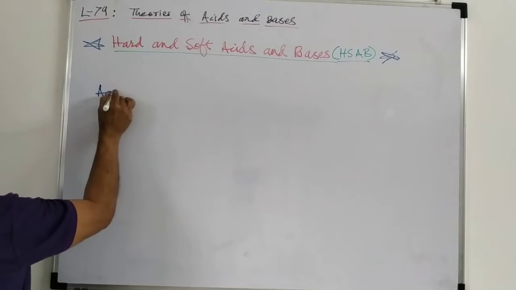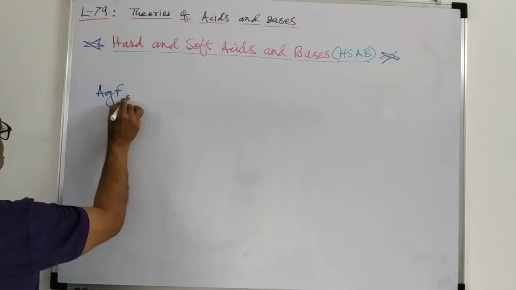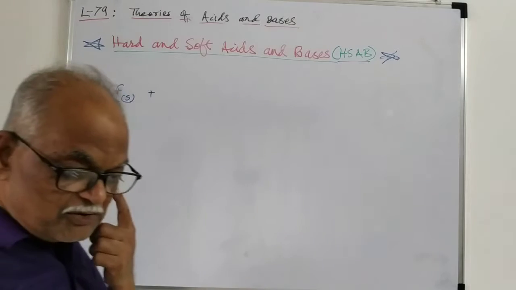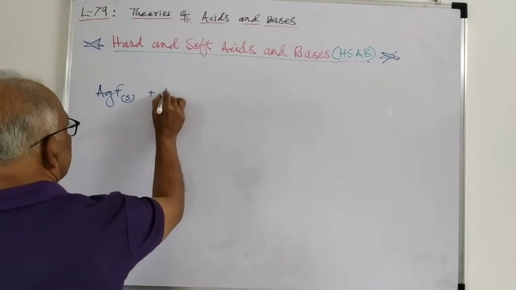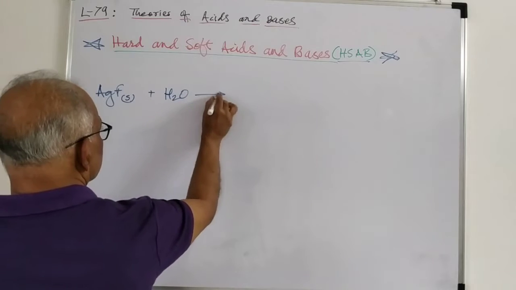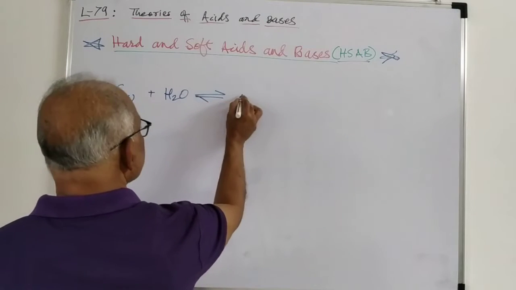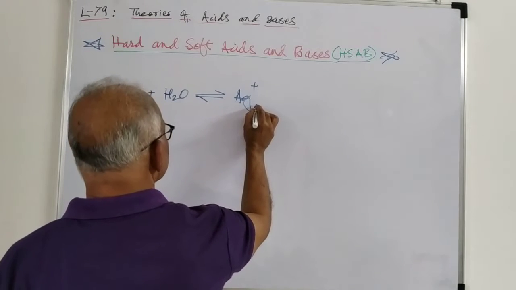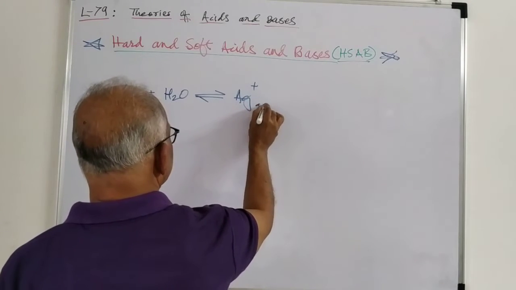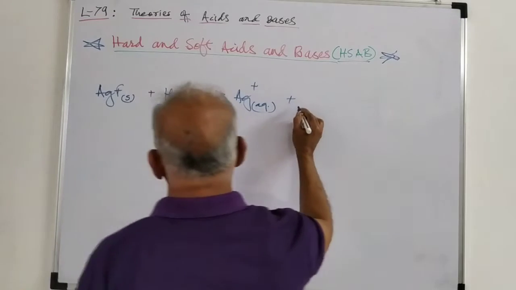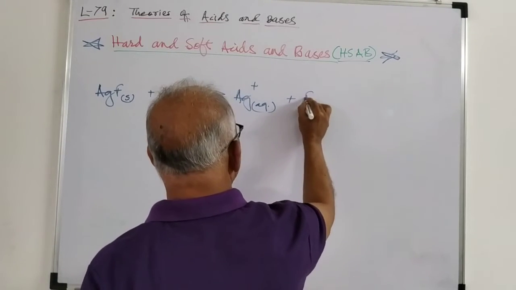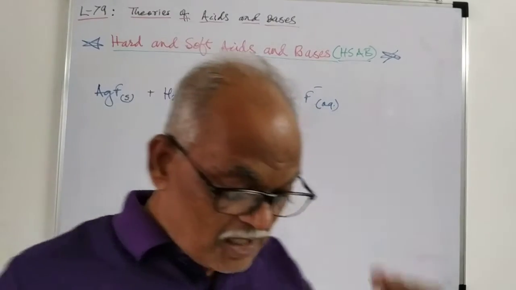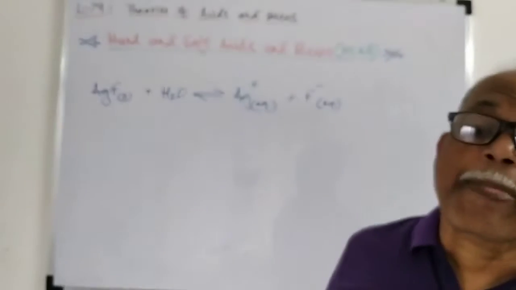That is, if we take AgF solid, when we dissolve this in water, we observe that it gets solvated as Ag+ aqueous plus F- aqueous.